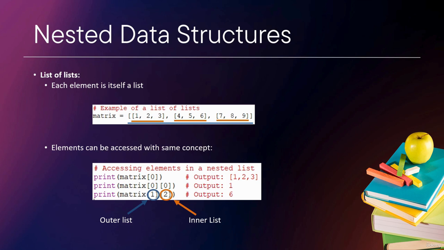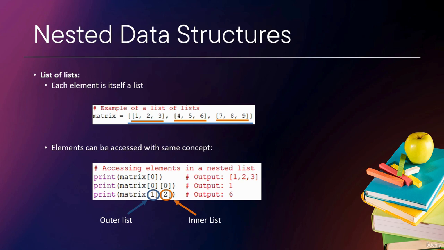If we now want to access the elements in the list, it is the same concept but slightly different. In the first line, print matrix at the zeroth index: the zeroth index of matrix is a complete list, so it will output a complete list. If I want to find something in that inner list, I need to put in a second square bracket with the index of the inner list.